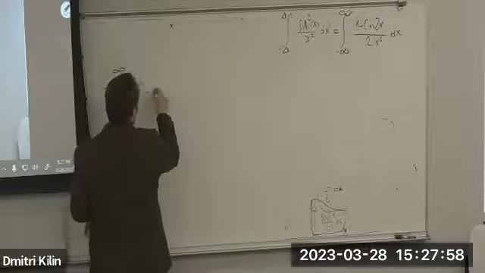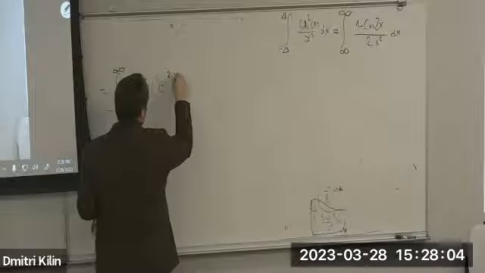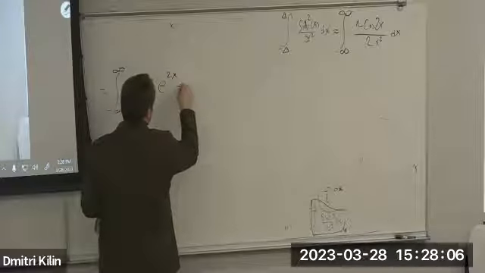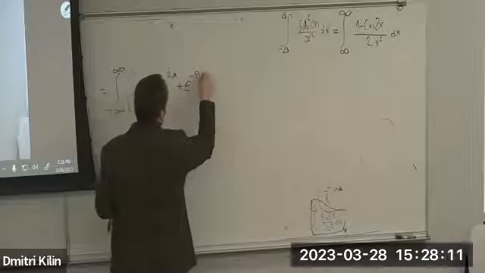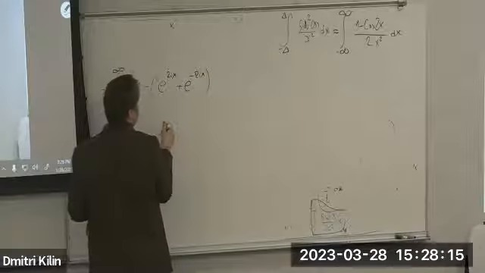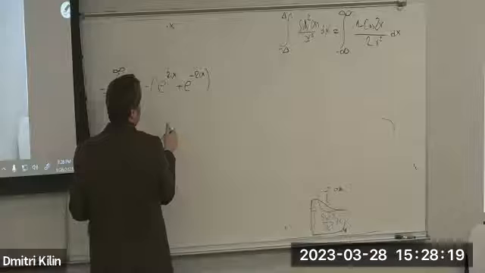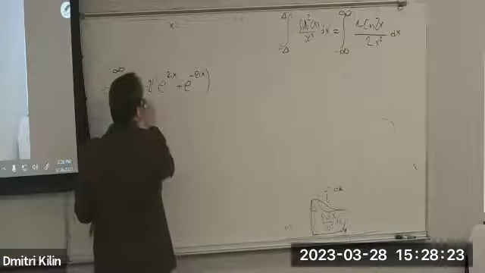One minus e to the power 2ix plus e to the power minus 2x. Divide, multiply by 2 here.